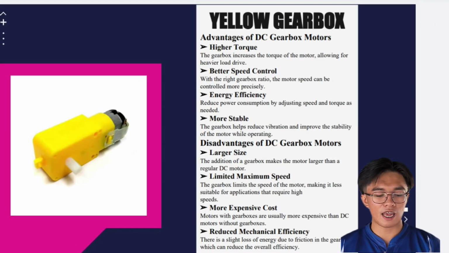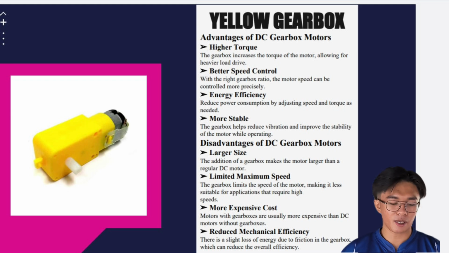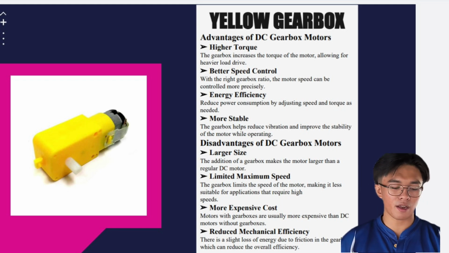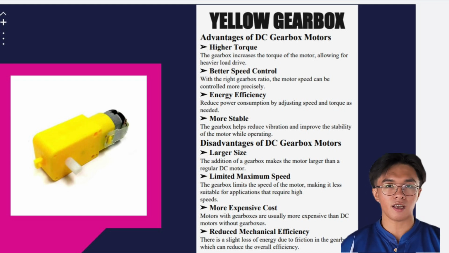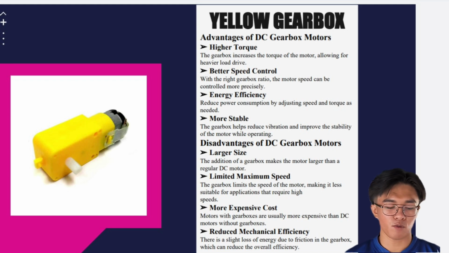We use the yellow gearbox because of high torque, better speed control, energy efficiency, and more stability. The yellow gearbox has disadvantages: less size, limited maximum speed, and more expensive torque.